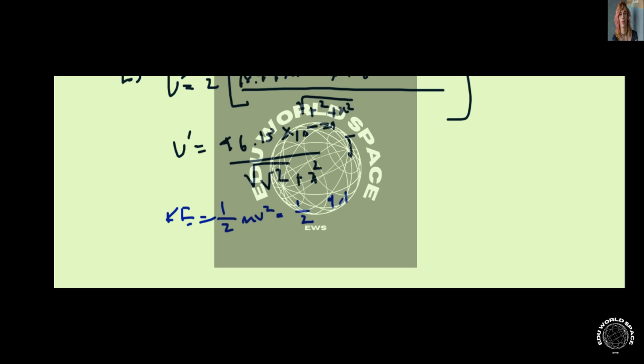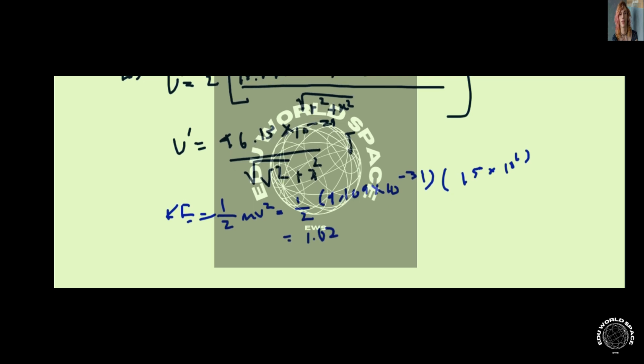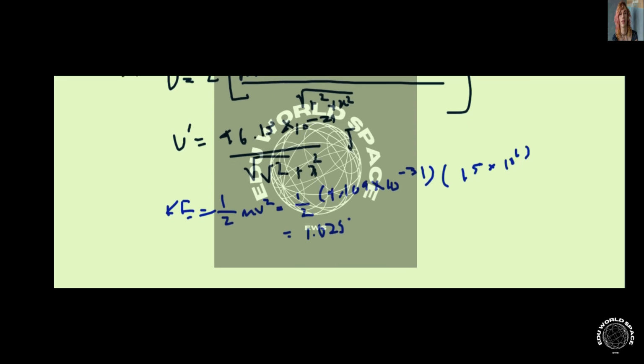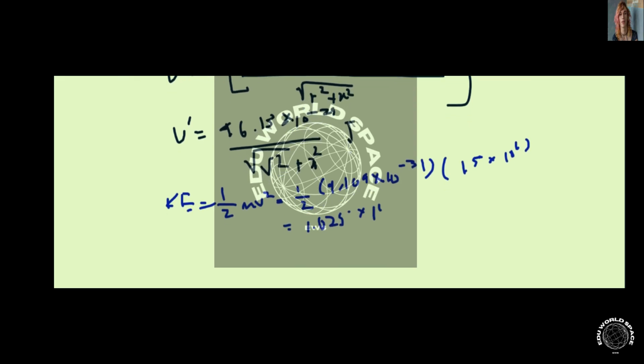So if you plug it in, it's 1/2 times the mass of the electron, which is 9.1 times 10 to the power negative 31 kg, standard units, and then 1.5 times 10 to the power 6, the speed of the electron. If you compute this, we're going to get that the kinetic energy is equal to 1.025 times 10 to the negative 18 joules.